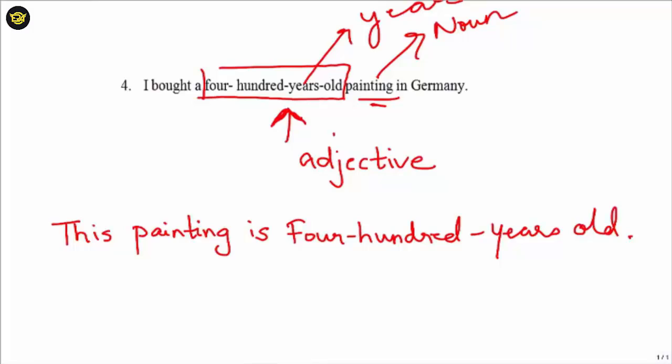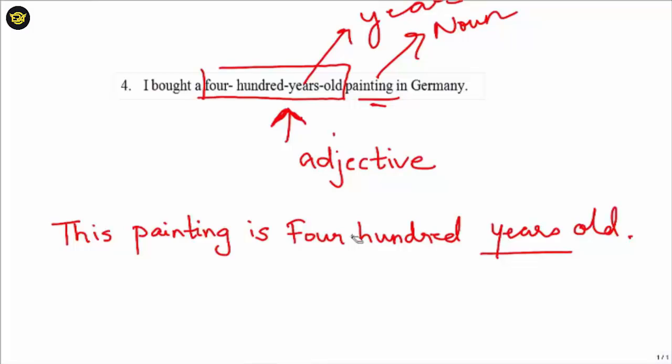We are telling you that when we quantified the number of years for this painting, it became a plural number, which was 400. So it was 1, 2, 3, 4, 5, 6 and so on. 400 years old. And that's exactly why the use of a hyphen in between 400 and years is going to be wrong. Because it's not a single word.